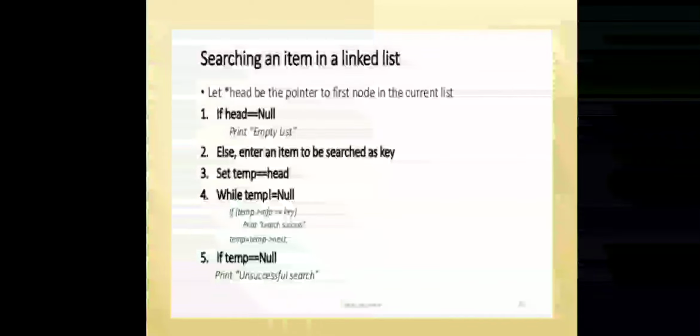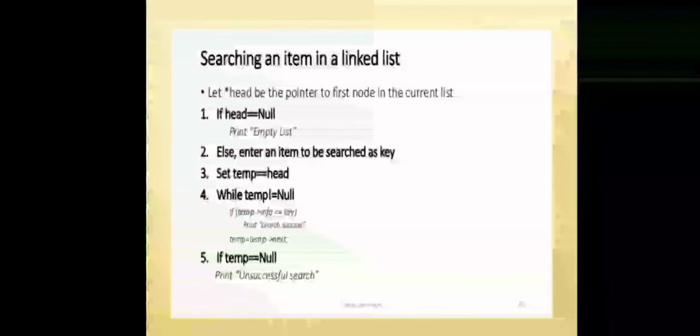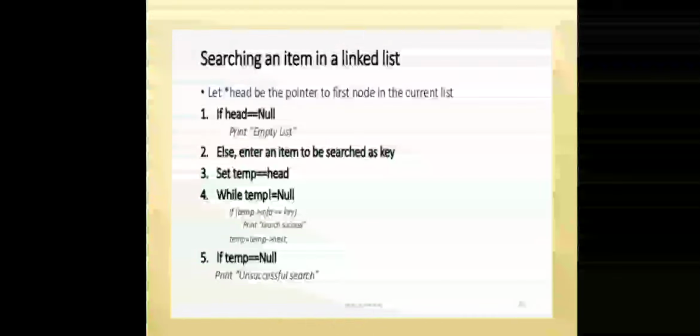Next we'll see, suppose we want to find a particular node in a linked list, then this can be done by searching for an item in a linked list. Suppose you want to search for a particular item in a linked list, then we have to follow the following steps. Step 1: if head is equal to null, it indicates that the linked list is empty.